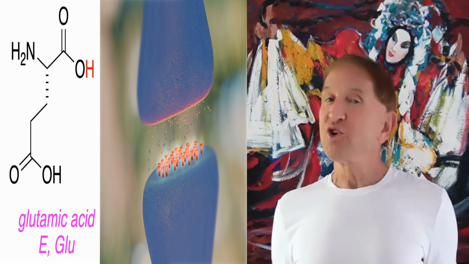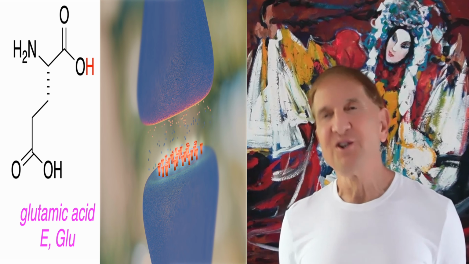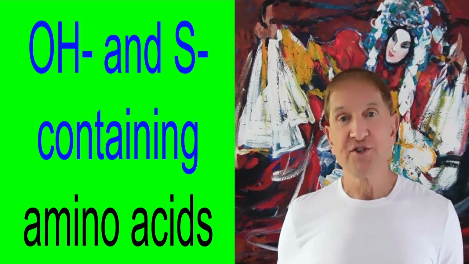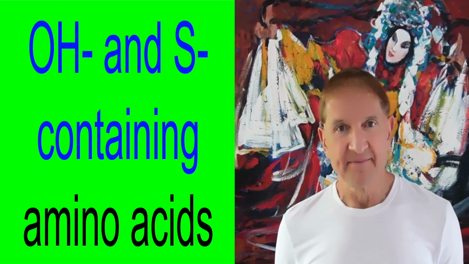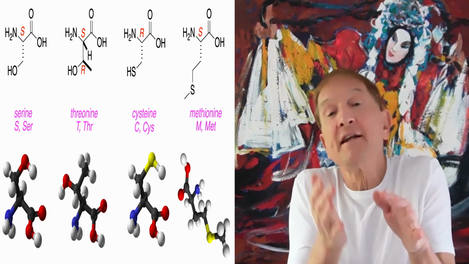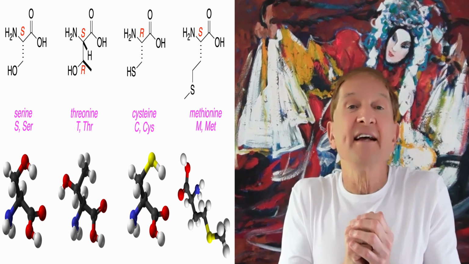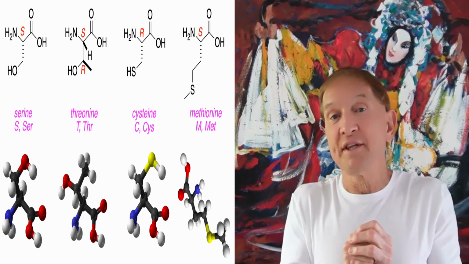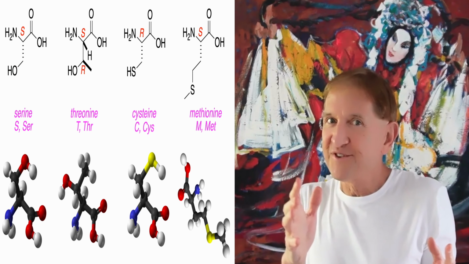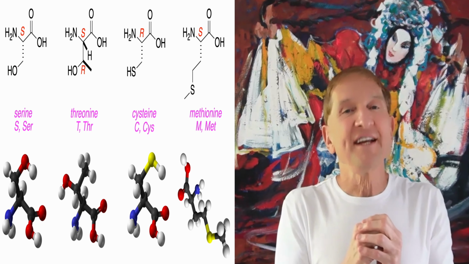Let's start with our core framework and bundle all the sulfur-containing and the OH-containing amino acids together. Simplest one is serine. It's got the core framework, then OH. Ser, S-E-R, one letter code, S. Homologue of that with the chiral center is threonine.